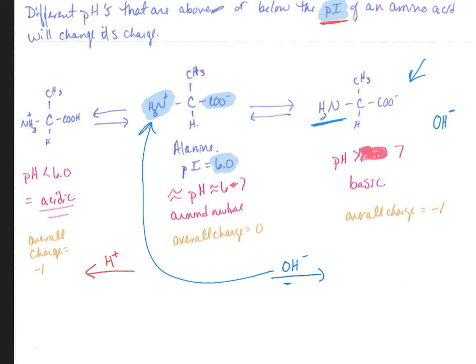And so as we add H+, we say, hey, this negative charge over here wants to come and grab hold of that H+. And that's where this hydrogen comes from right here. So it makes sense as we go into an acidic media that we end up with a positive charge on our molecule, because it's in a positively charged medium. If you need to go back and repeat that, that is okay. I would certainly encourage you to do that.